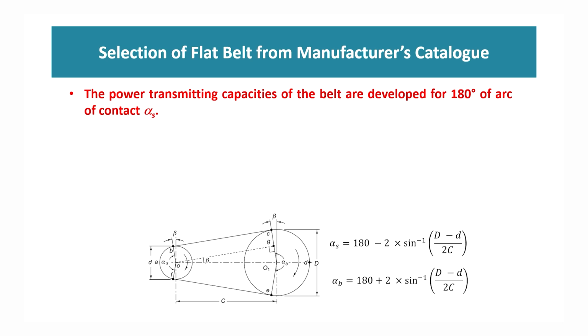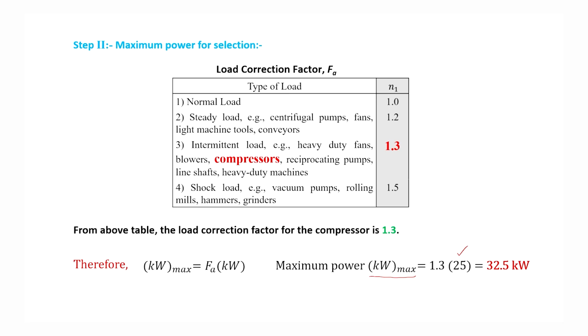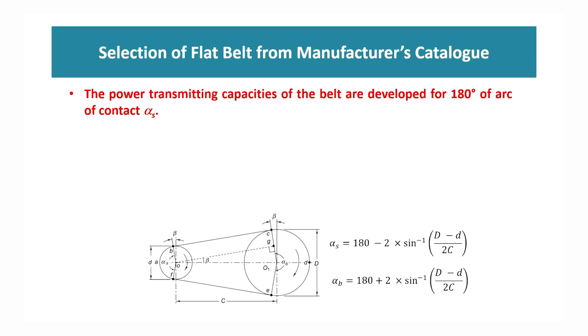The power transmitting capacities of the belt are developed for 180 degree of arc of contact alpha s. That means the maximum power which we can transmit, which we calculated just now, is based on the angle of wrap. This is the angle of wrap.